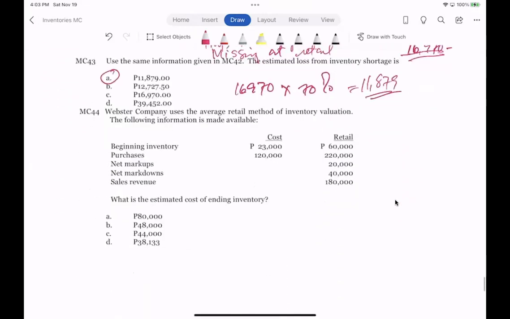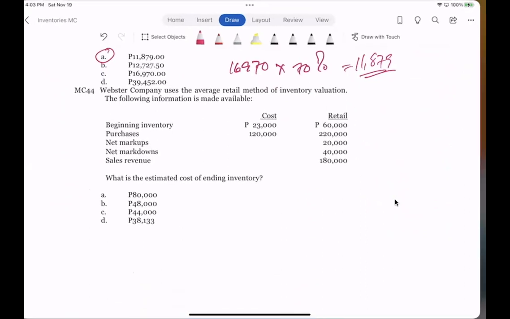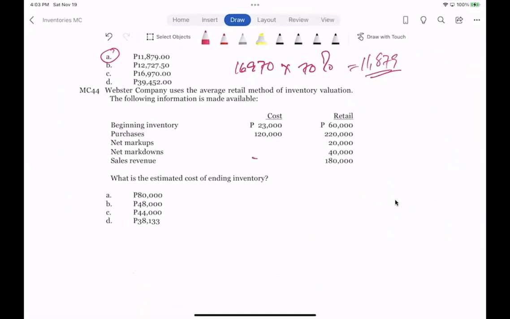Okay, so MC44, what is the estimated cost of ending inventory? It is the same. We can go straight here, at cost and at retail. We have beginning inventory at cost and at retail, purchases at cost and at retail. We have net markups. We had net markdown.